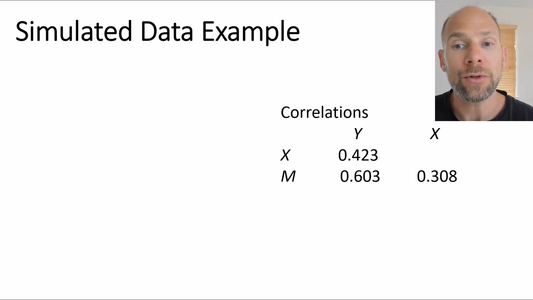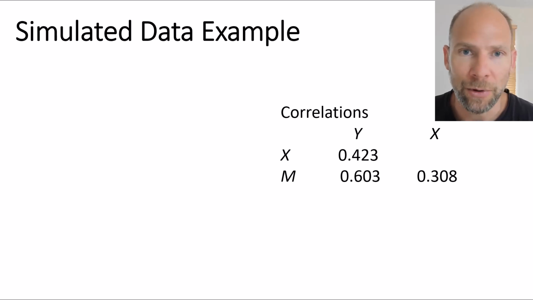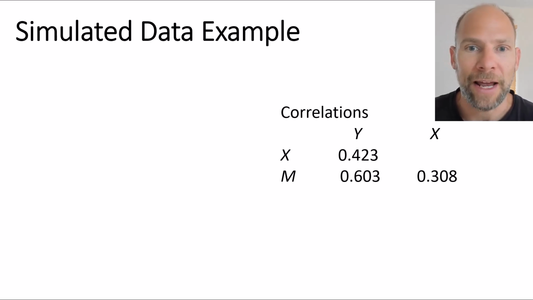And lung cancer, Y, is correlated with DNA damage, 0.603. And smoking is correlated with DNA damage, 0.308. Now, those are correlations that I made up. I have no idea whether those are realistic correlations or in any way meaningful. I just made those up, so don't take those for granted.